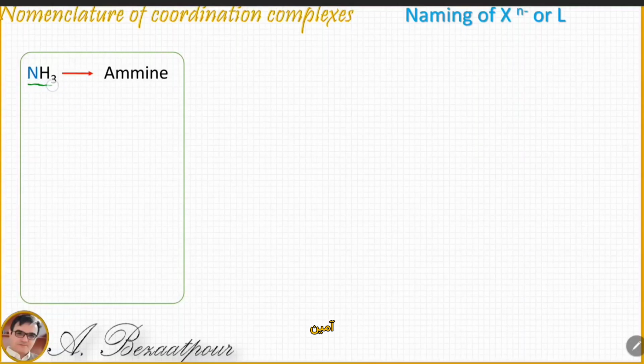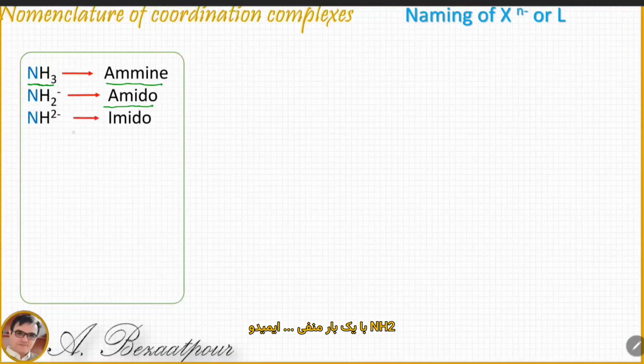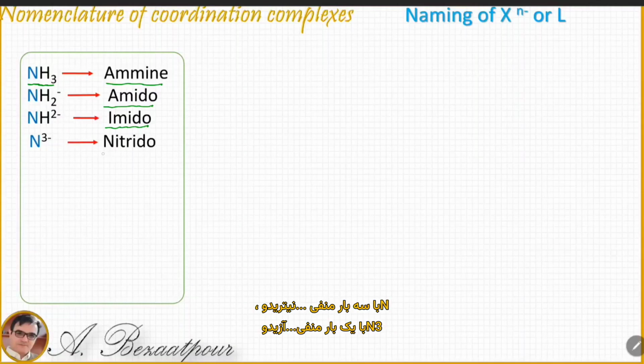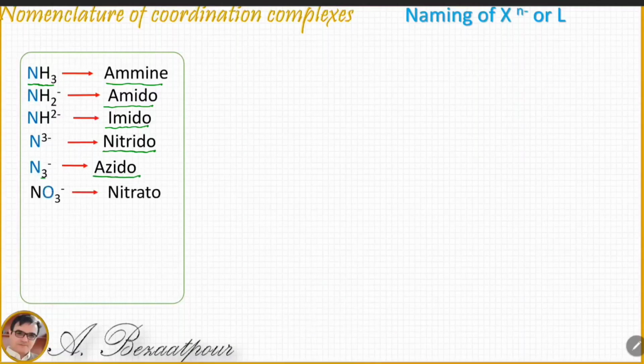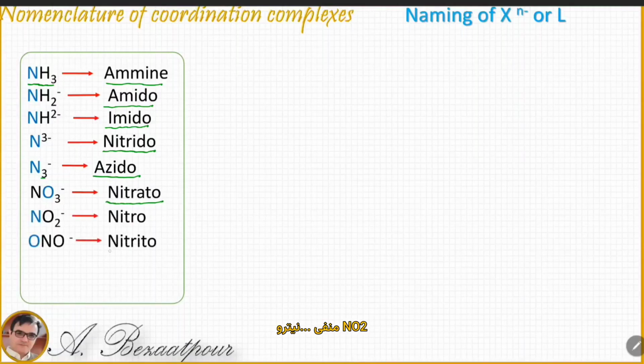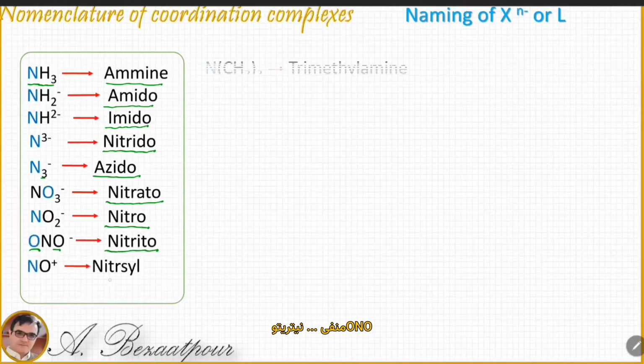NH3, ammine; NH2 minus, amido; NH2 2 minus, imido; N3 minus, nitrido; N3 minus, azido; NO3 minus, nitrato; NO2 minus, nitro; ONO minus, nitrito; NO plus, nitrosyl; N2, dinitrogen.